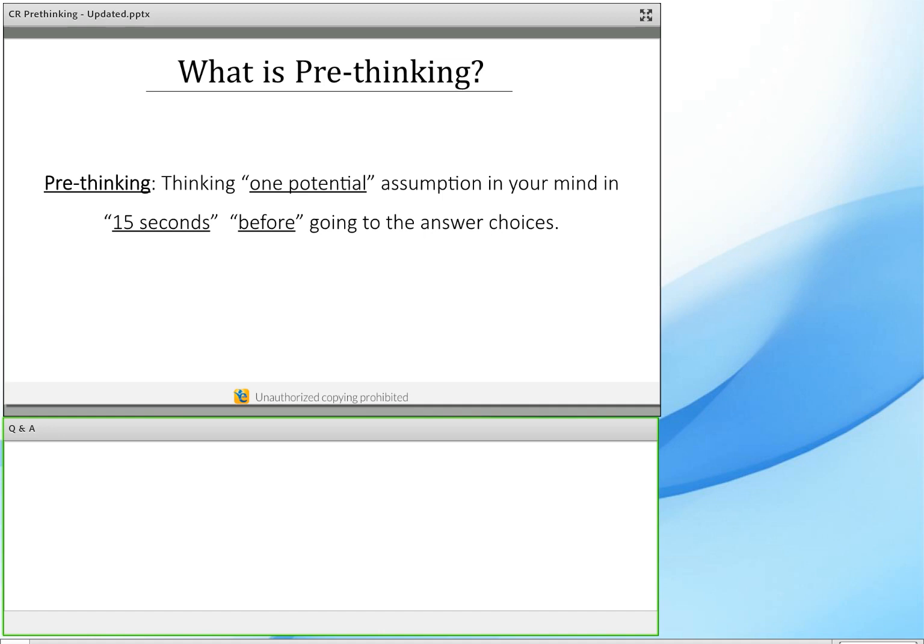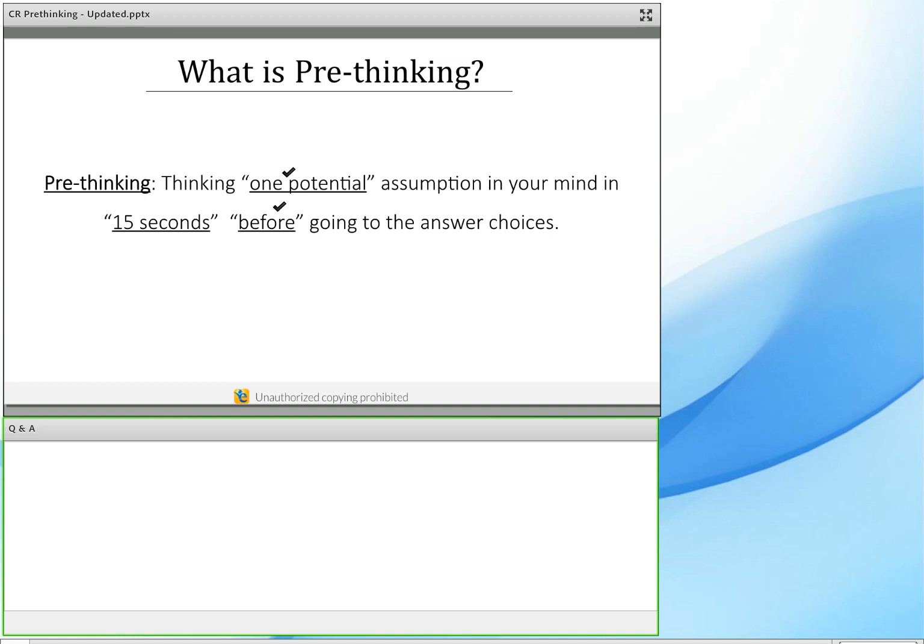And I'm going to just start with the last word over here, which is before. So pre-thinking has to be done before you look at the answer choices. The moment you start looking at answer choices, your mind gets contaminated with the additional information that's out there. And at that point, you can actually throw pre-thinking out of the window. Then let's go to the one potential assumption.